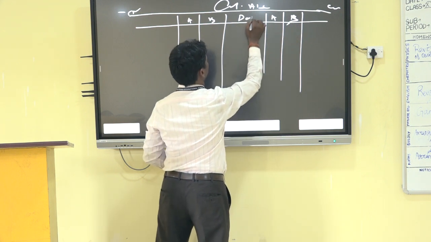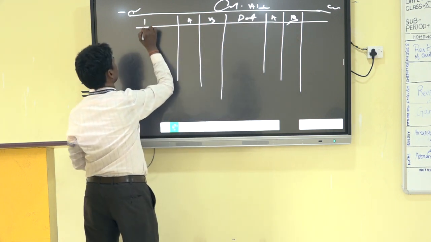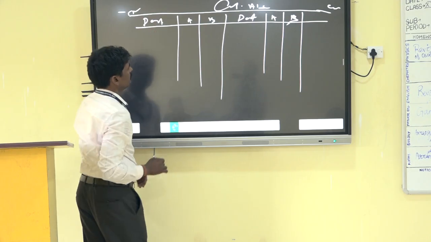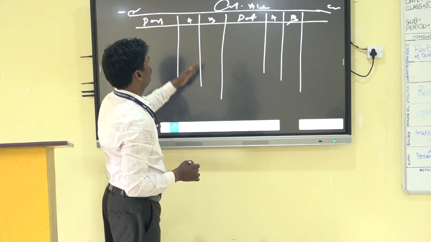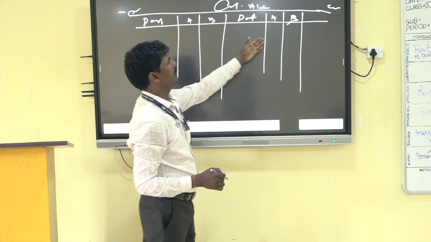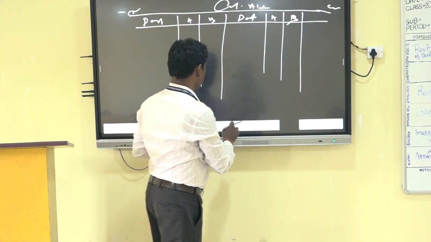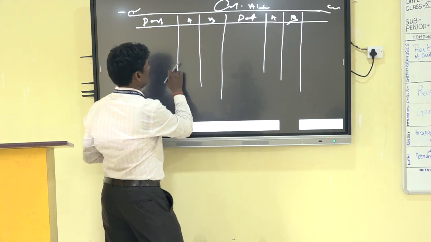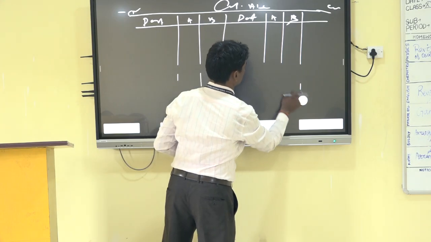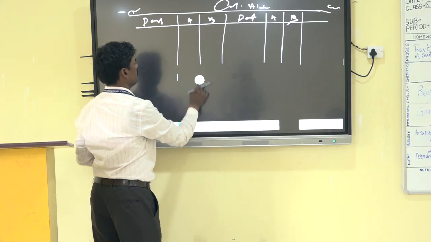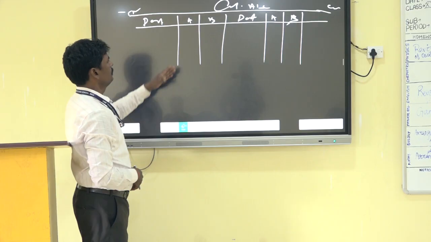Here particulars. In this capital account, A and B have started their business with their agreed ratio. Then you see how this capital account will be prepared.